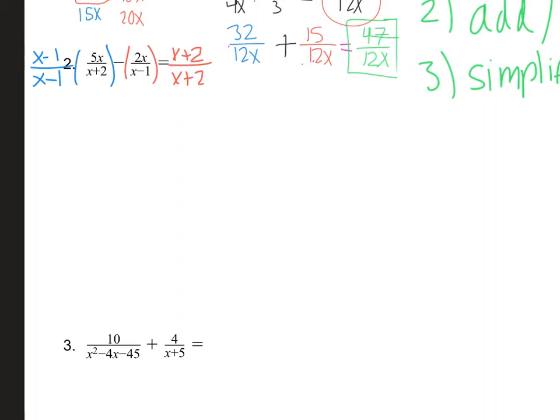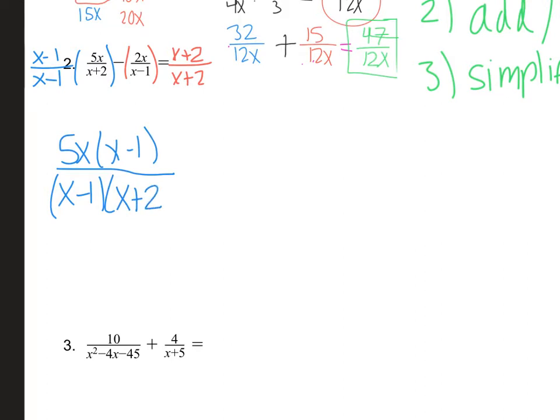So this blue one here, you are going to multiply 5x times x minus 1. So we have 5x times x minus 1, and the denominator is just going to be x minus 1 times x plus 2. But we're going to need to distribute the top one, 5x times x minus 1.